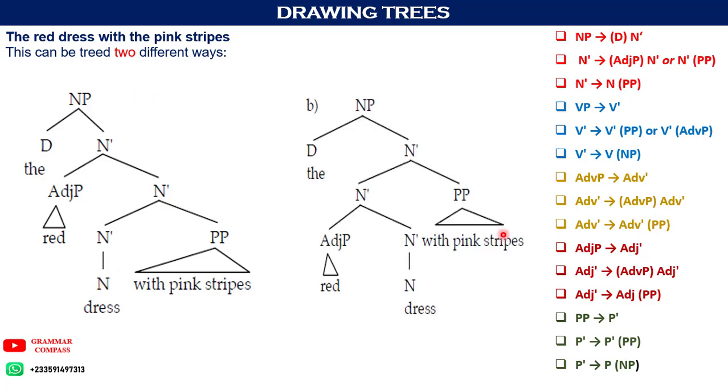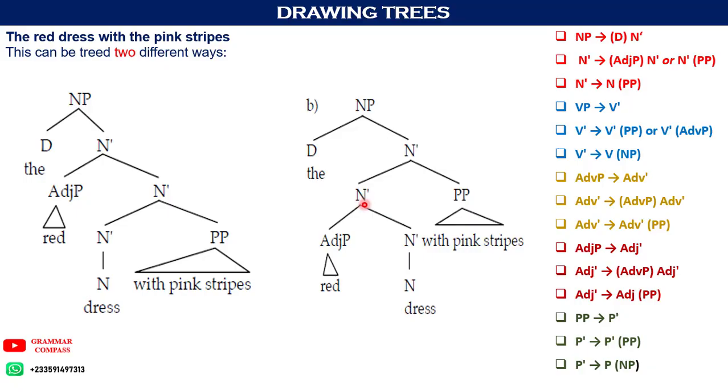Now this is the alternative structure. If you decide to attach the prepositional phrase first, then this is how the tree is going to look like. You can pause the video and have a look at it. So here we have with pink stripes, which is a prepositional phrase. It should be a sister to the N bar. Then from here you ask yourself whether there is an adjunct again.